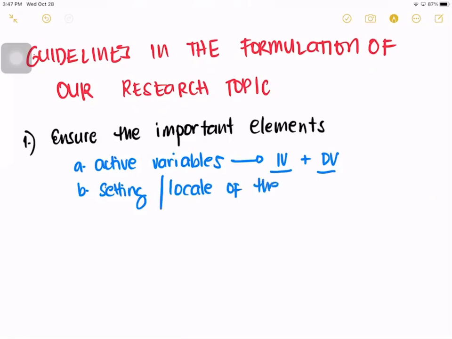Now, adding the place or the setting, or the locale of the study, would also give us a better context of localization. Because if you're going to search on the internet, which later we're going to talk about, how important creating the title is, because it gives us a better web search.